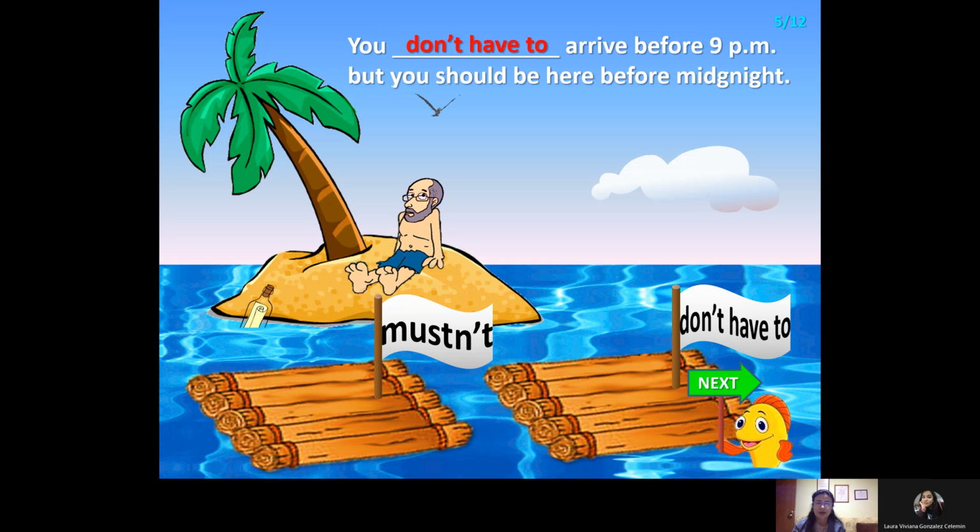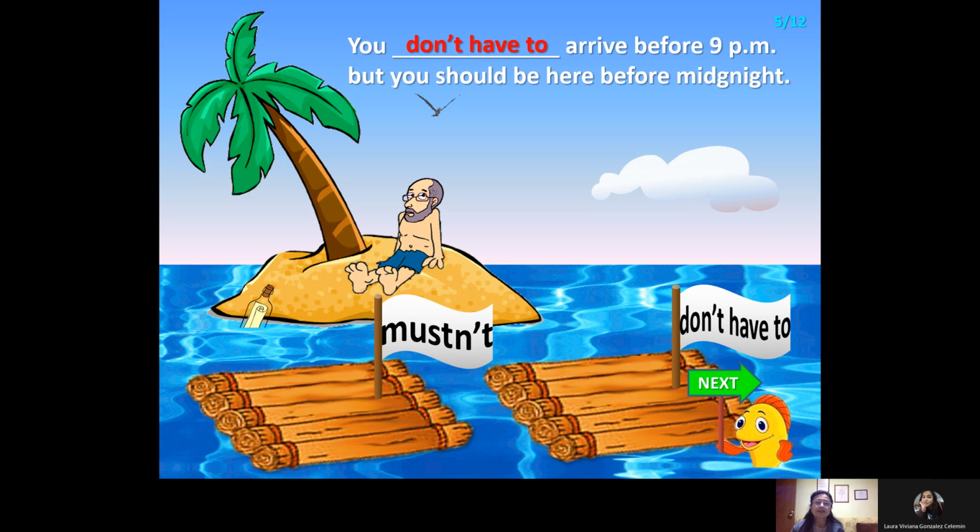You arrive before 9 p.m. So you mustn't or you don't have to arrive before 9 p.m., but you should be here before midnight. What is the appropriate one? Mustn't or don't have to?